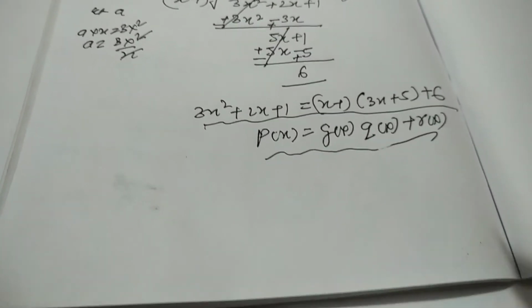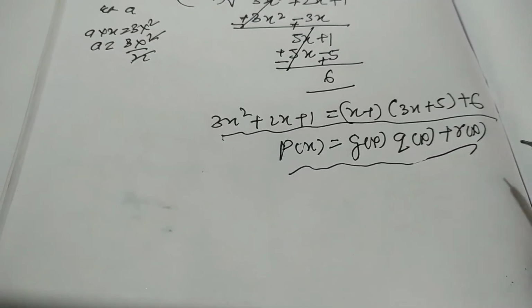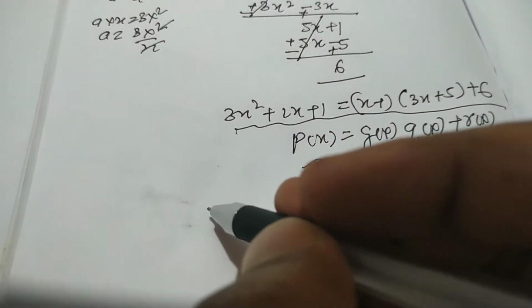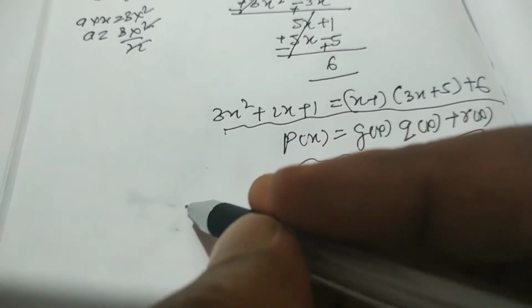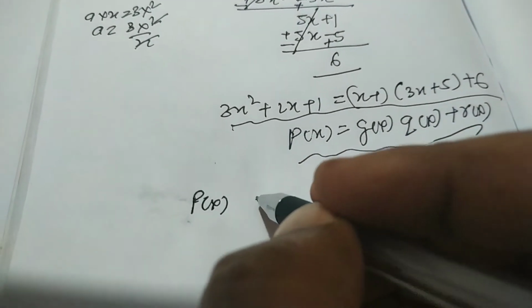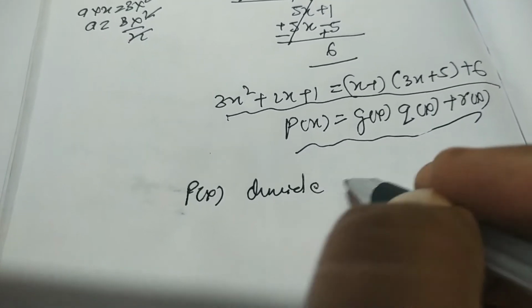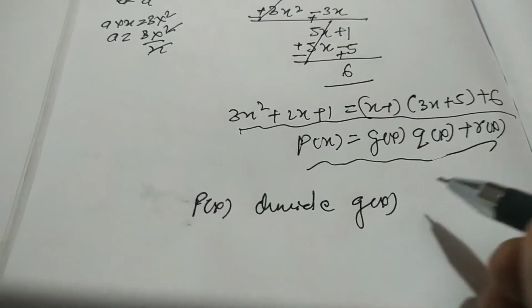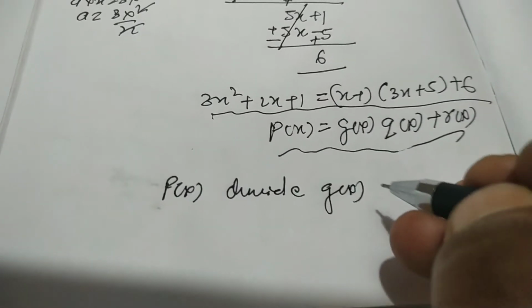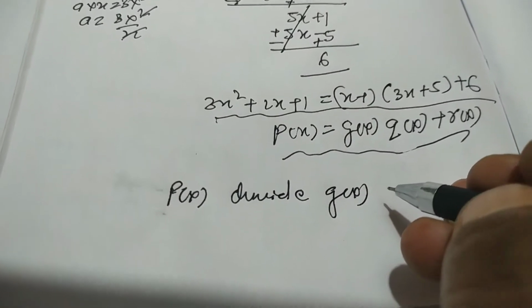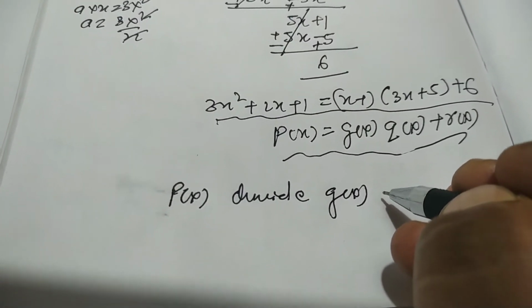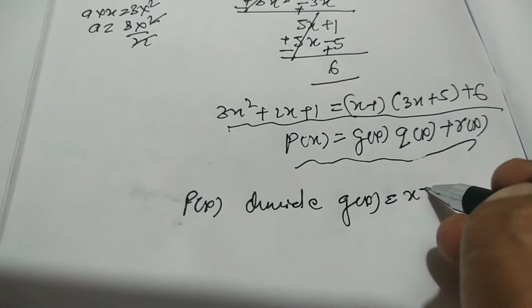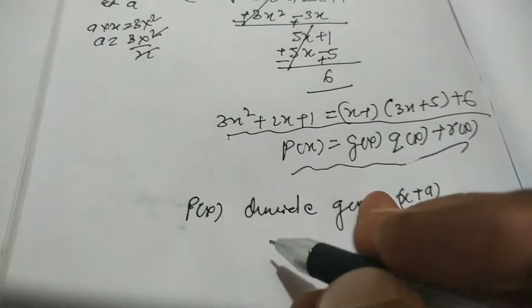If any polynomial is divided by another polynomial, and there is a real number a, then the remainder will be p(a). If any polynomial p(x) is divided by g(x), and the quotient is q(x) and the remainder is r(x), then if p(x) is divided by x minus a, what will the remainder be?